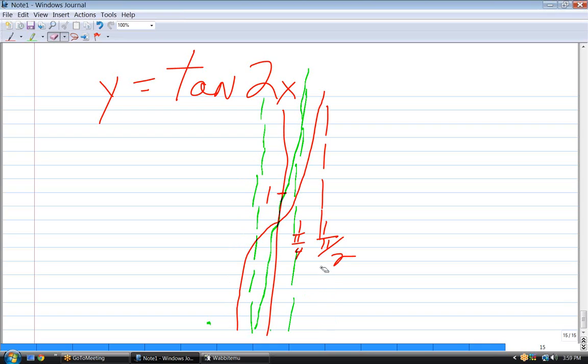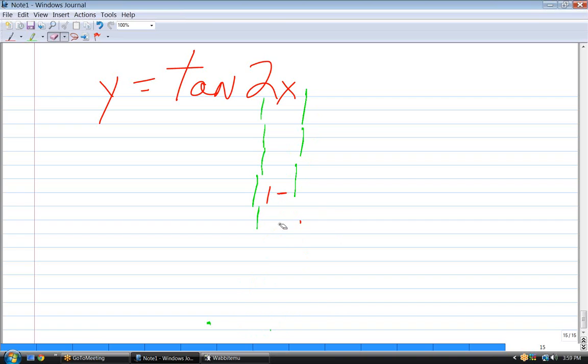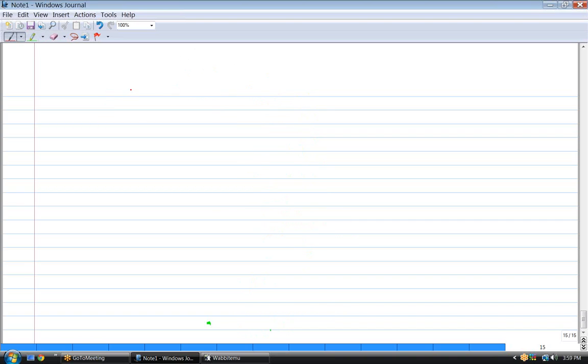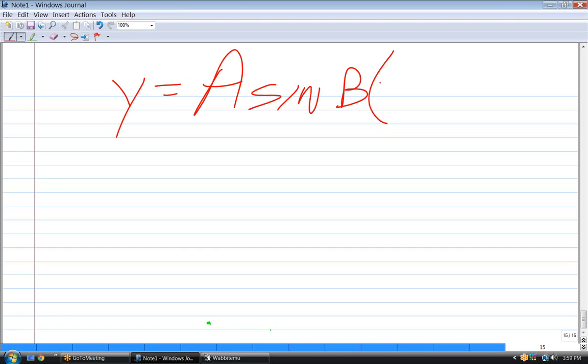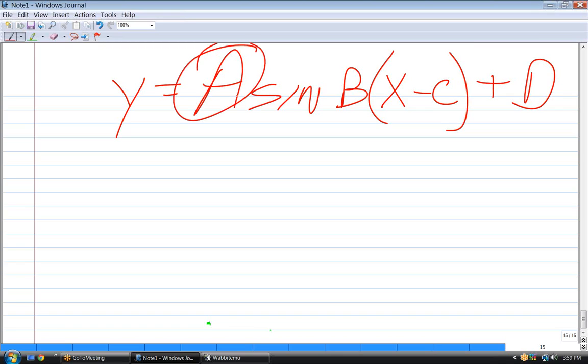But notice that all of these transformations for trig functions are the same as the transformations for polynomial functions in x. You've got your standard function. This is your sinusoidal function. For some reason, they don't really teach it this way. A is a vertical stretch factor.